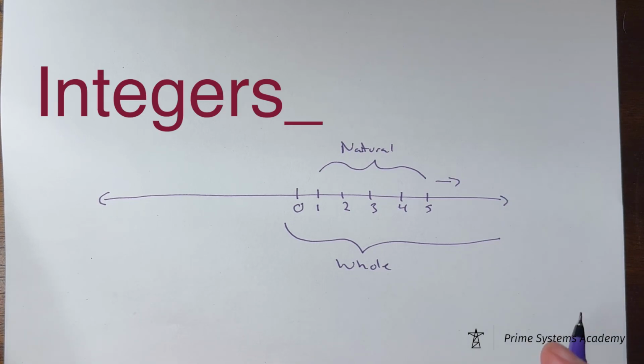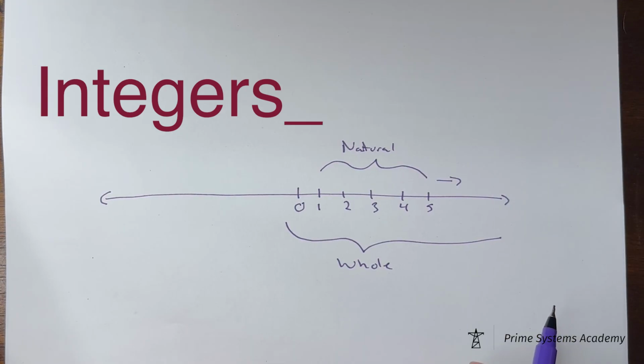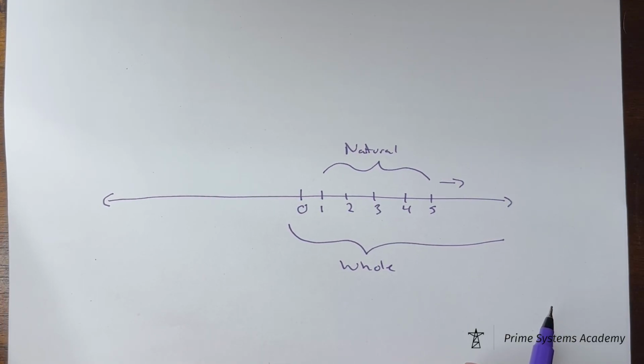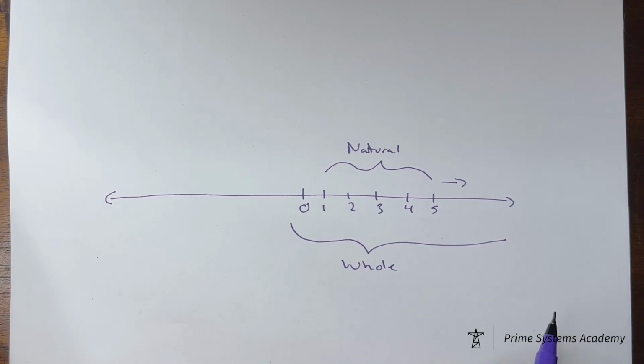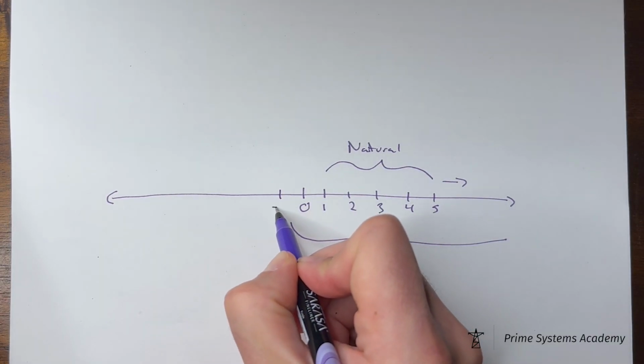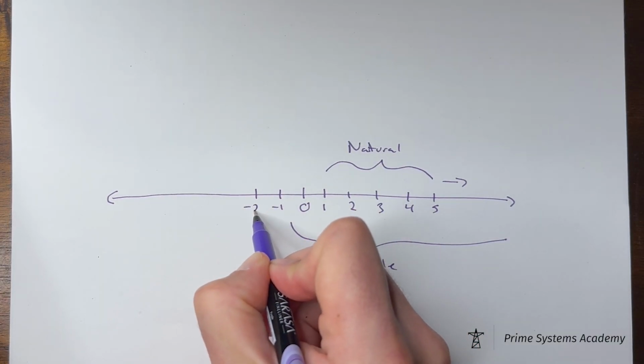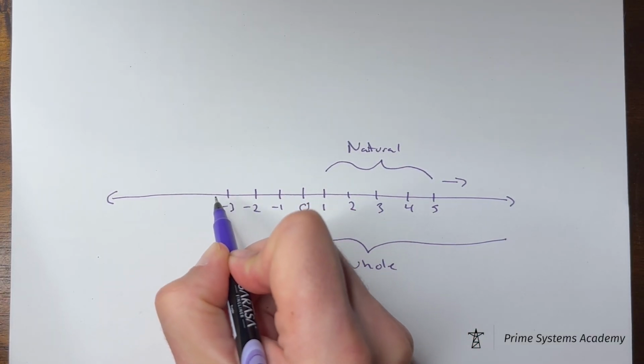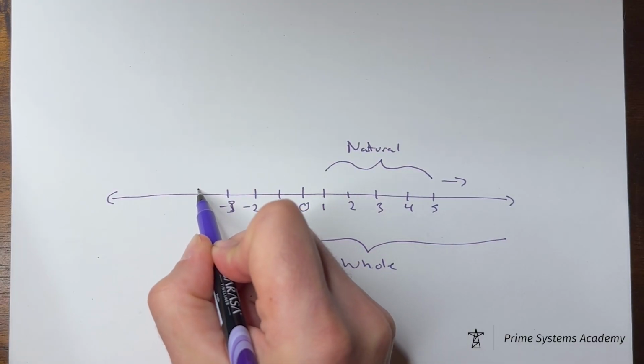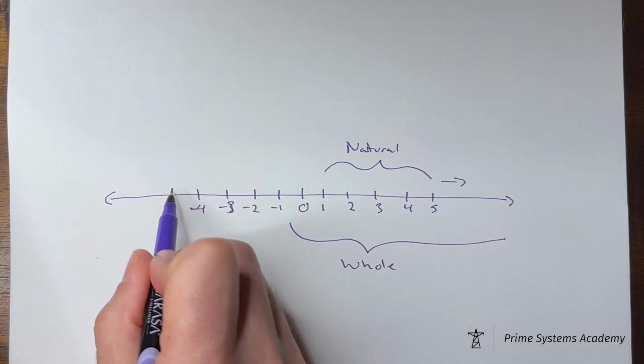Next, we'll talk about your integers. Integers expand whole numbers to include all negative numbers. So this means integers include numbers like -1, -2, -3, -4, and so on.